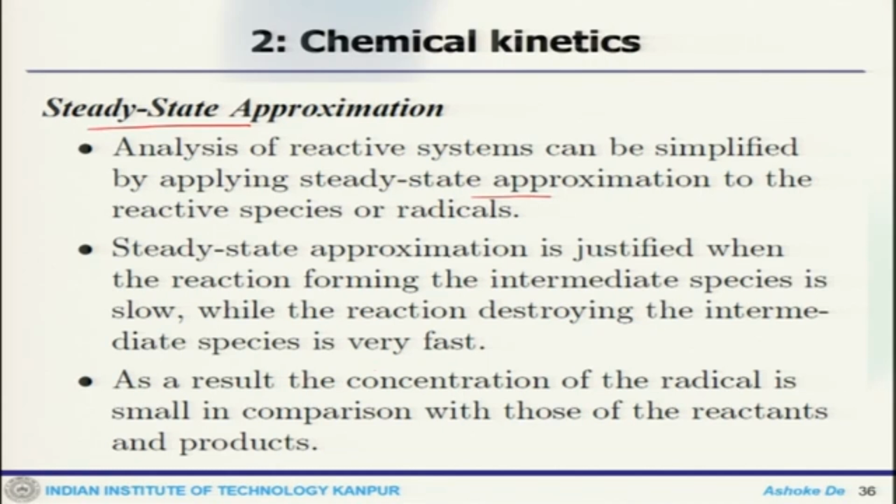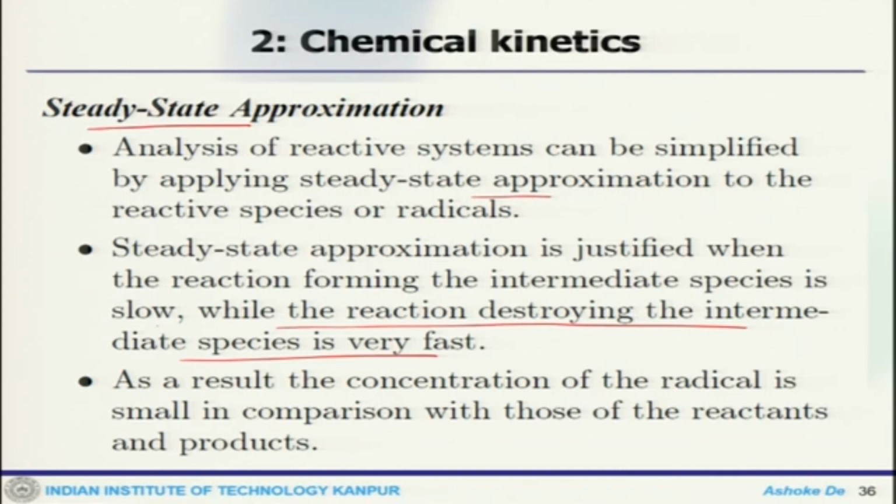Steady state is also justified when the reaction forming the intermediate species is slow, while the reaction destroying the intermediate species is very fast. That means whatever is formed, it is getting consumed at a faster rate. So, this is quite a good approximation.